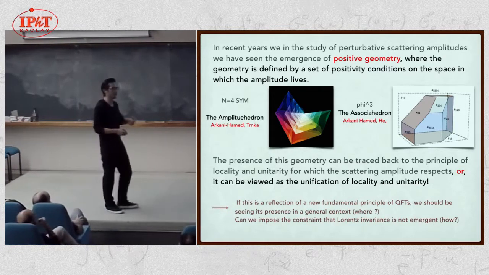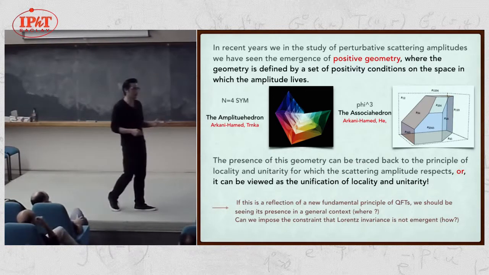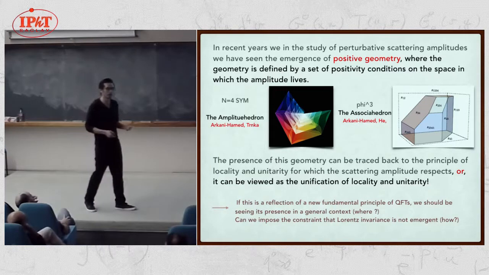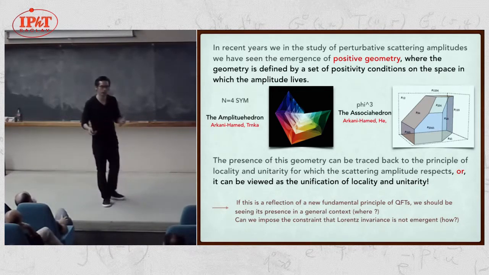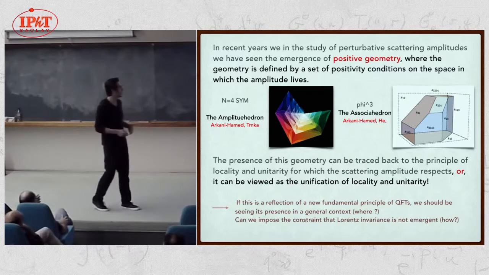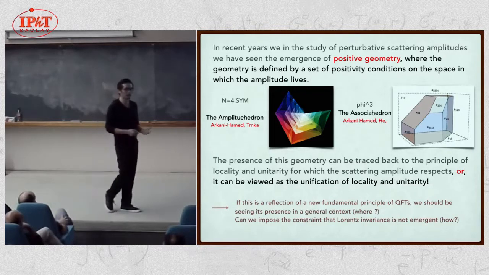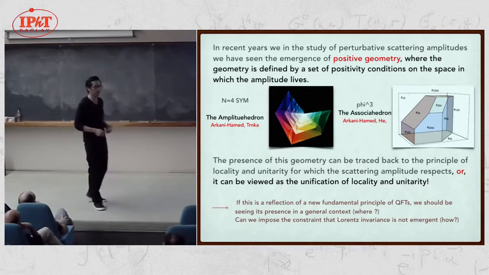But you can also turn this around and say that this geometry structure is a unification of these two, because usually when we talk about quantum field theory, we talk about locality, and later on we impose unitarity on the theory that we have. You can turn this around and view it as a way to formulate these two principles as a unified principle by employing this geometry.